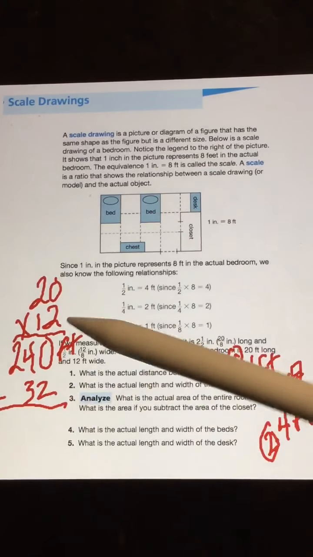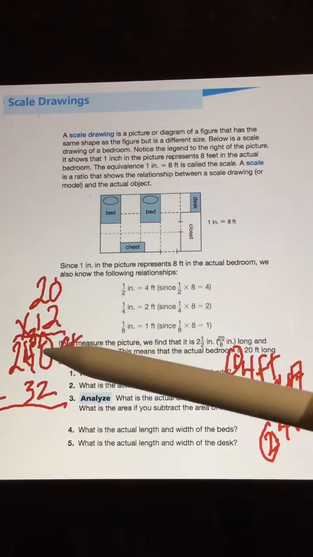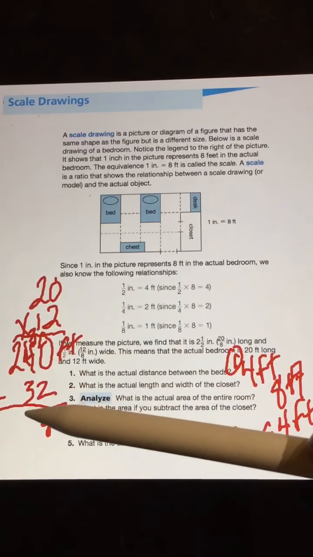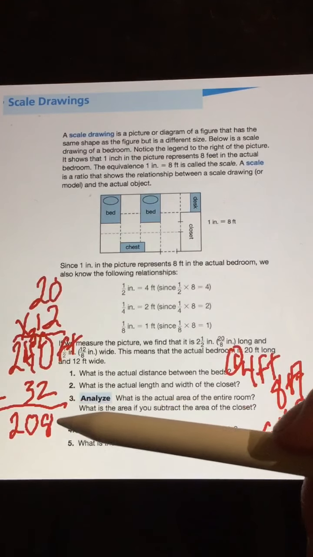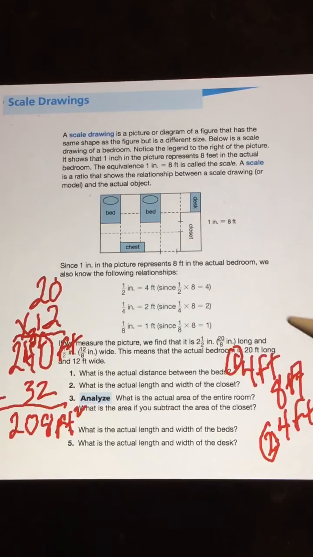I subtract. I need to regroup. 10 subtract 2 is 8. 3 subtract 3 is 0. And then we have 2 subtract 0, and that's 2. So without the closet, the room is 208 feet squared.